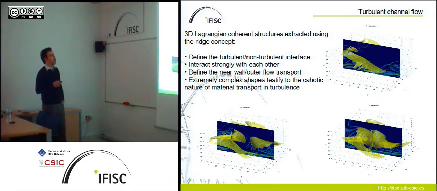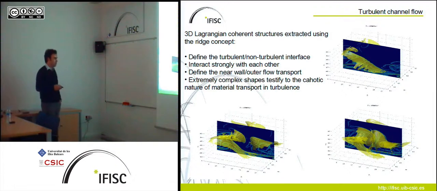But we also know that sometimes this low turbulence fluid can actually reach the wall, and on the other hand, high turbulence fluid near the wall can almost reach the center of the channel. And that's what we see here: this surface is creating a barrier between the high turbulence fluid and the low turbulence fluid.